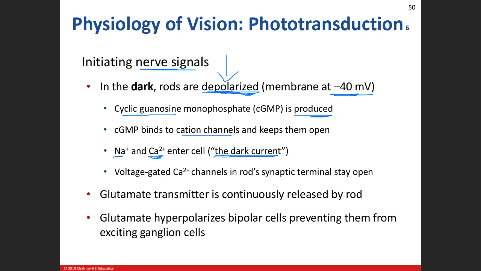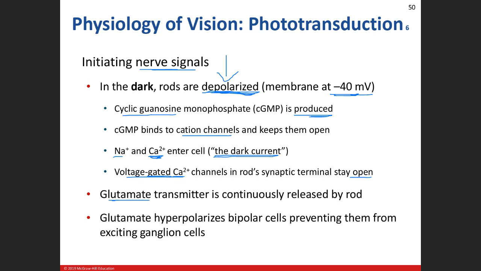This causes the voltage-gated calcium channels down in the synaptic terminals of these rods to stay open. If they're open, then you can see our neurotransmitter will be released. We know what happens when you open voltage-gated channels down by the synaptic end of our neuron.